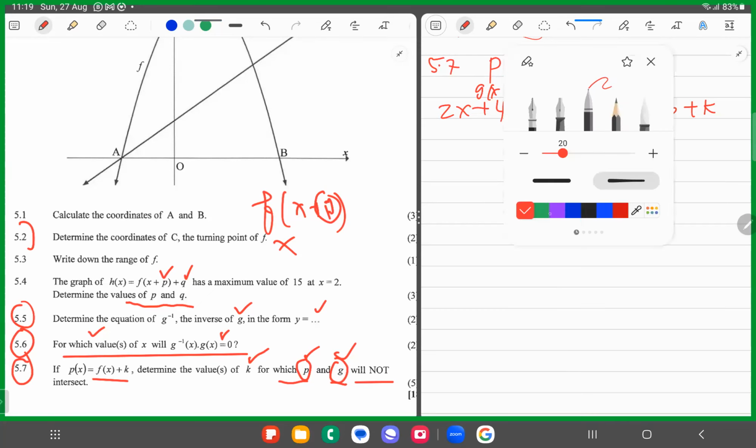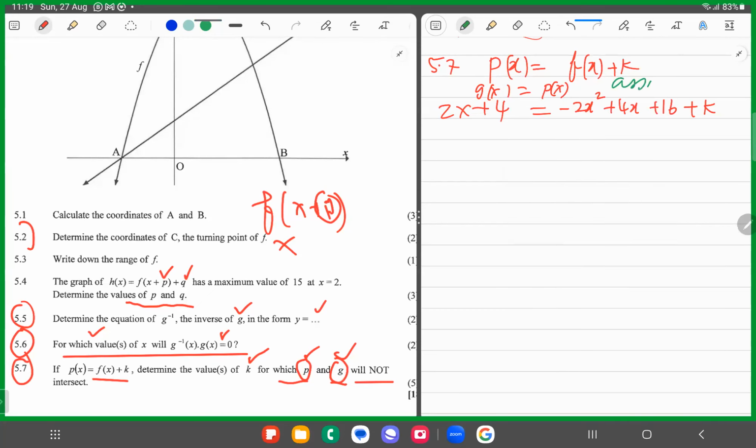So we sort of assume that these functions intersect, and then we get to something called a contradiction. So we will therefore obtain 2x squared, okay, 2x squared for the quadratic term. 4x minus 2x is 2x. So we're done with the x terms and the quadratic terms. And then we have 16. 16 minus 4 is exactly 12. And then we add to it k, and this is equal to 0.